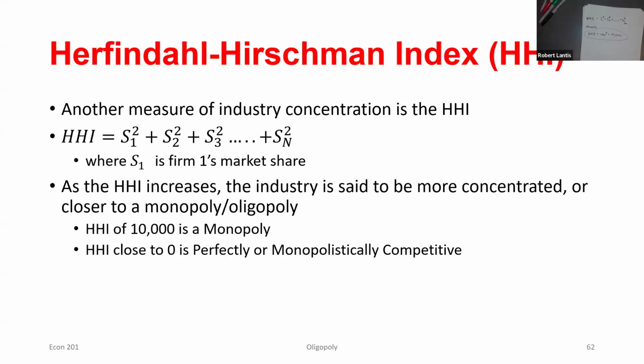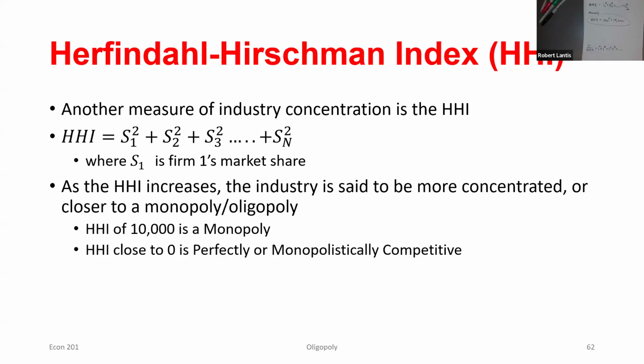Now, as I progress down here, what if I had a perfectly competitive market? This gets weird to think about, so we can use a really small number. What would the market share of each firm be? Really close to 0. So let's just use 1% for the example. Well, 1 squared plus 1 squared plus 1 squared, and I would keep adding these up.